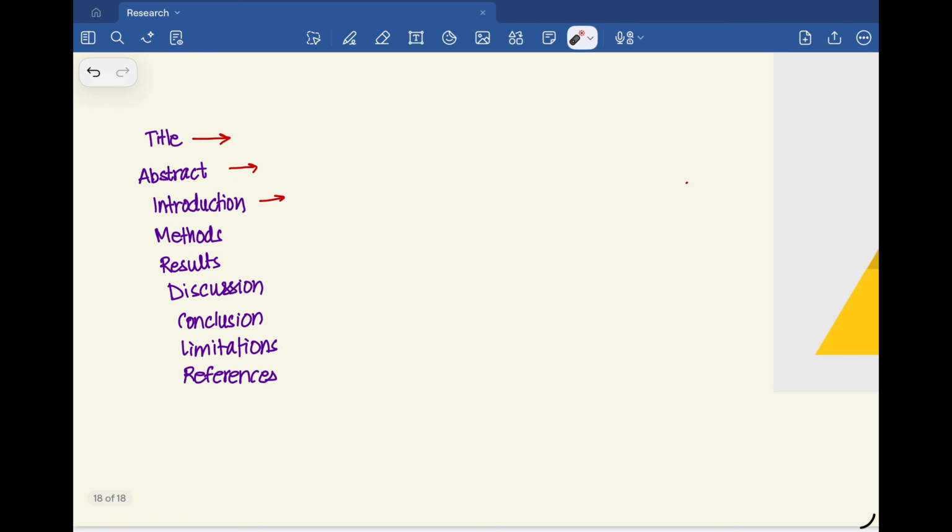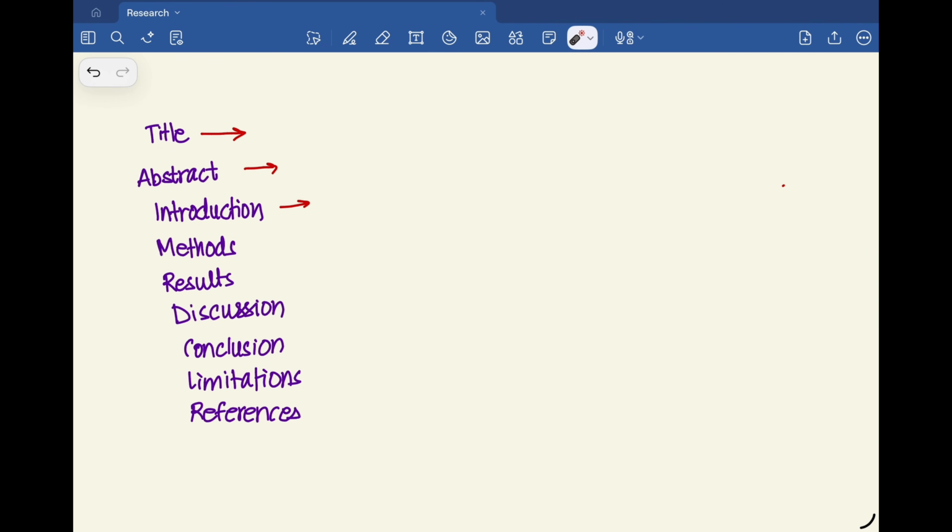So let me show you. Here, this is the expanded version of the same format. In this, we have included the title as well, because title is also important. And we've also included the conclusion, limitation, and references. Basically the extra parts as well, but they're just as important.